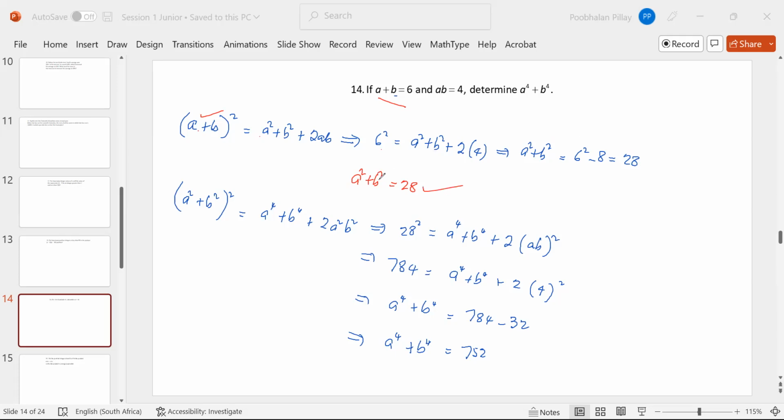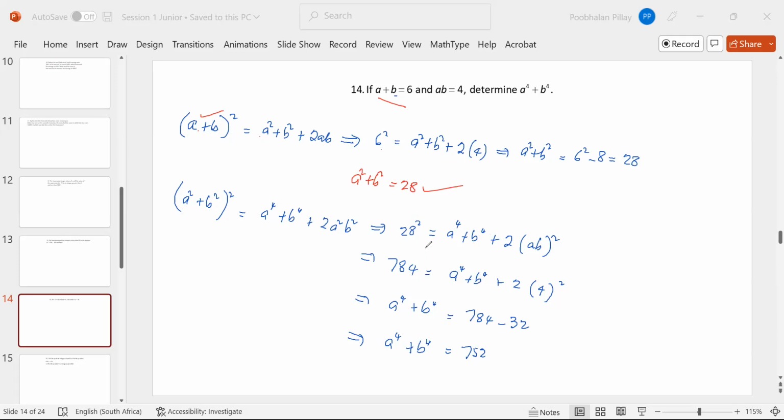Now, in the same way, we can get to a to the fourth plus b to the fourth, because you stick this and you square it. We know what this is already, 28. So when you square it, you get the same thing, and you can just follow these calculations, and this part here, a to the fourth plus b to the fourth, you can make it the subject of the formula.